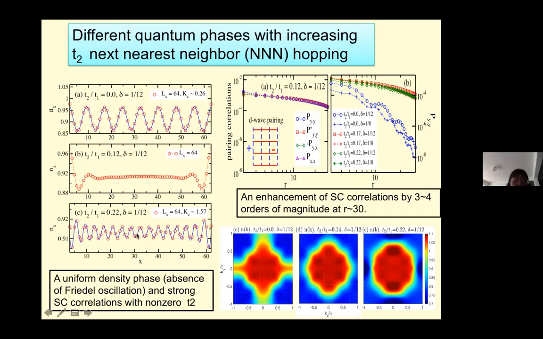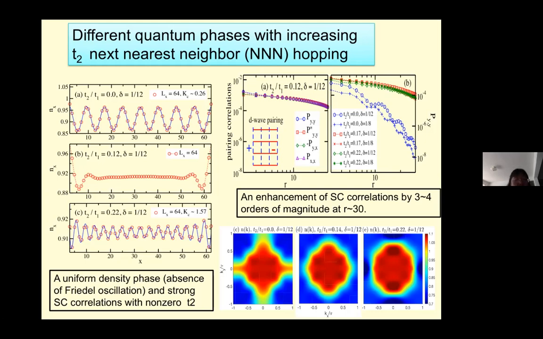So this result is a common feature of the superconducting and CDW coexistent phase. However, the amplitude of this pattern may decay slower or faster, depending on where the parameter point is.